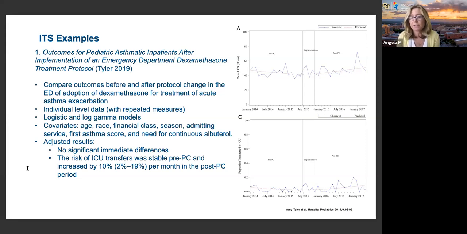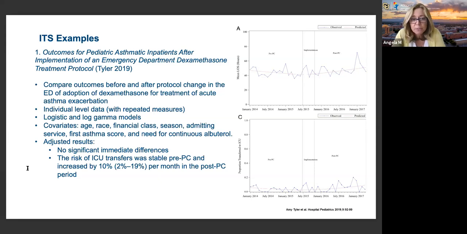And that's the red line that you see on top. And in both cases, you don't see, in this particular study, an intervention effect, a sudden drop occurring in that post protocol change period. Maybe a little bit of a slope change. And keep in mind that these are unadjusted analyses that have been modeled and graphed up.